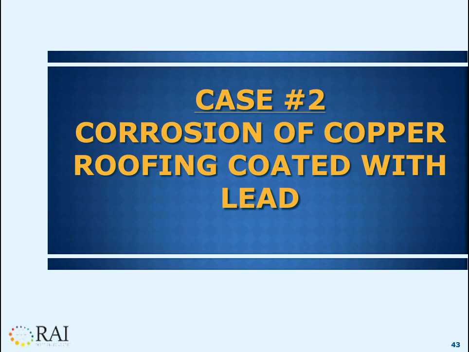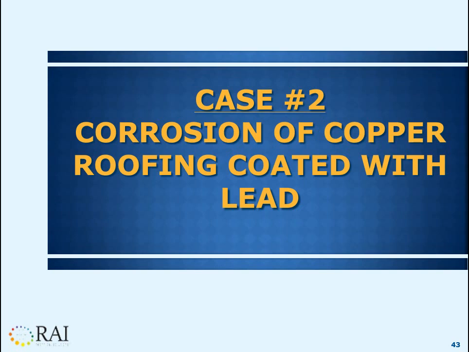In this case, the lead-coated copper was used on a private residence because the owner wanted an antique look. Unfortunately, the lead corroded within 2 years, and the roof was a visual nightmare, with red and white corrosion products all over the roof.